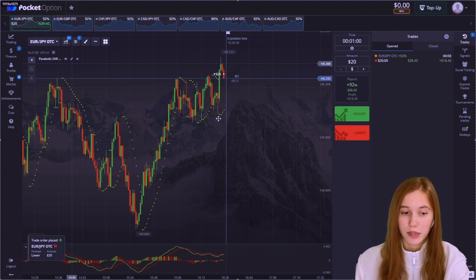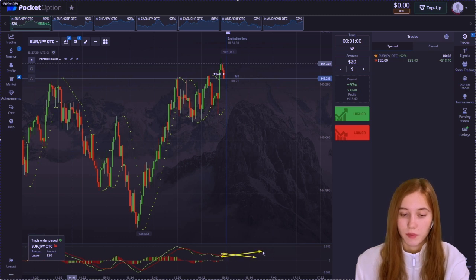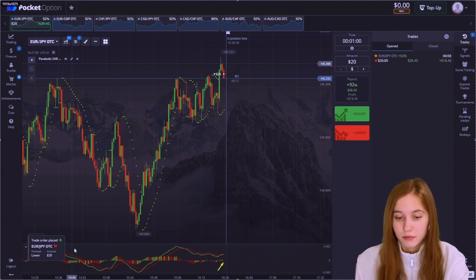By MACD we see the red moving average is moving up. And on bars, we see a red bar on MACD. Good also.